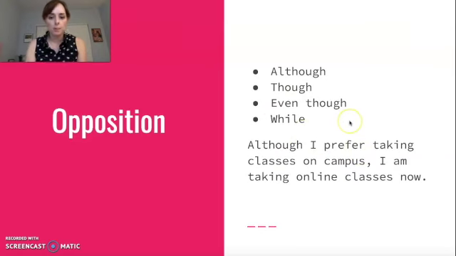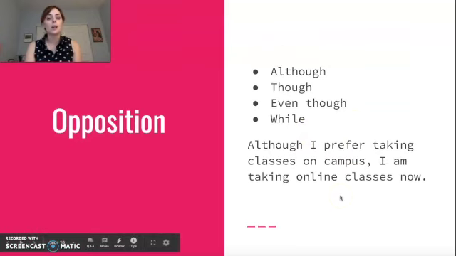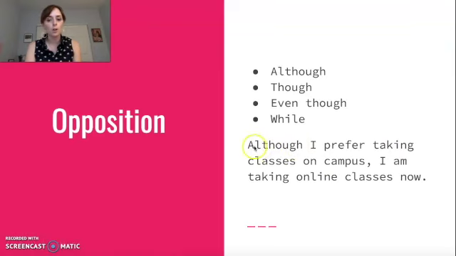So here's an example of a complex sentence that contains a subordinating conjunction, and the subordinating conjunction is although. And although is used to indicate a relationship of opposition between these two clauses.